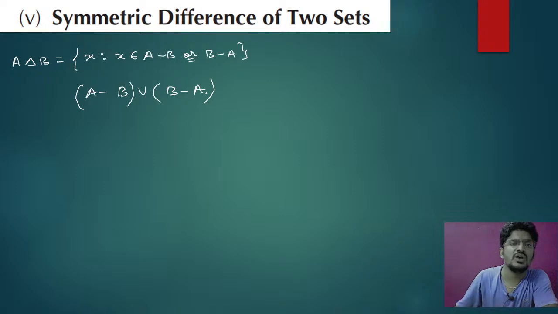X belongs to A minus B. Here OR means union. B minus A. Clear?